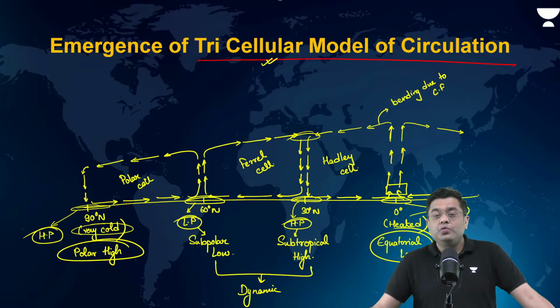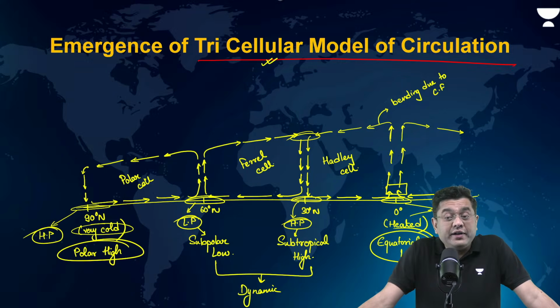Now, let me ask you a tough question. Out of these three cells, which is the cell which is dynamic? Only one, that is Ferrel cell. Now, how many cells are driven by thermal pressure here?